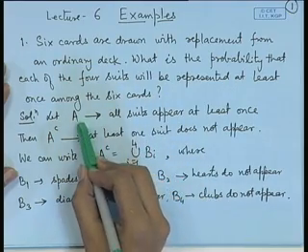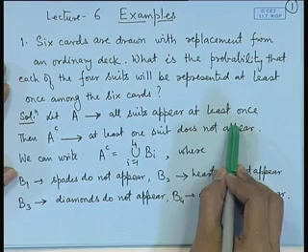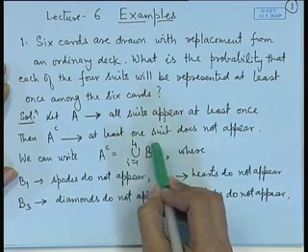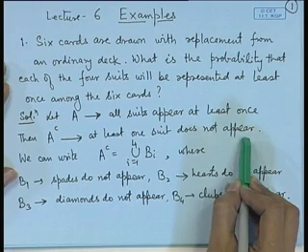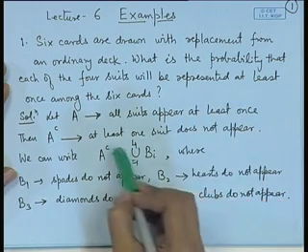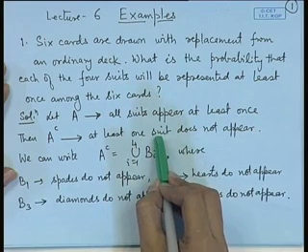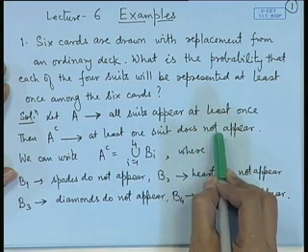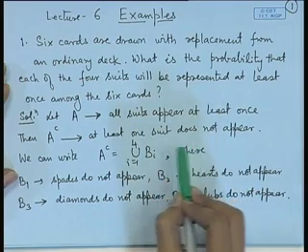So, let us consider the event A as that all the suits appear at least once. Then A complement denotes the event that at least one suit does not appear. Now, if we try to decompose it directly by saying exactly one suit does not appear, exactly 2 suits do not appear, exactly 3 suits do not appear, then once again it is going to be a complicated event.